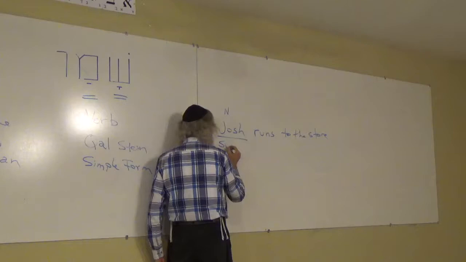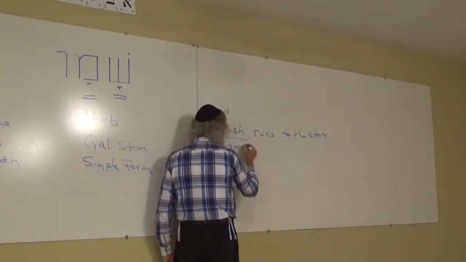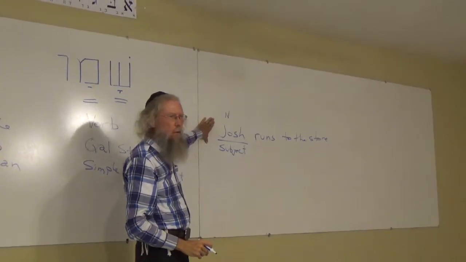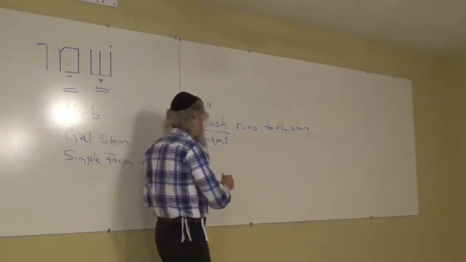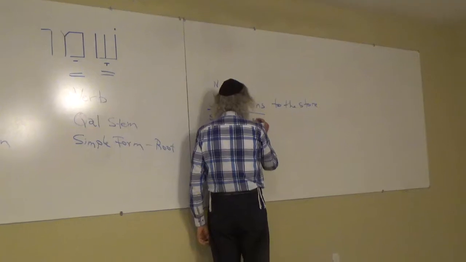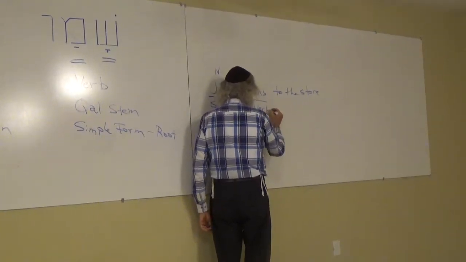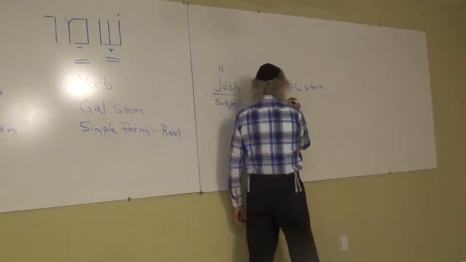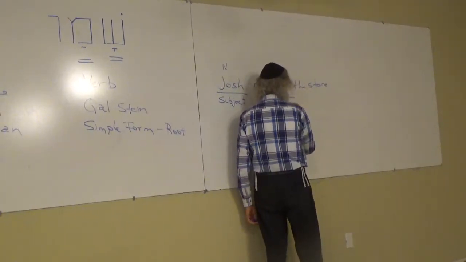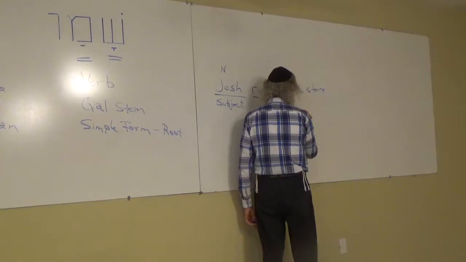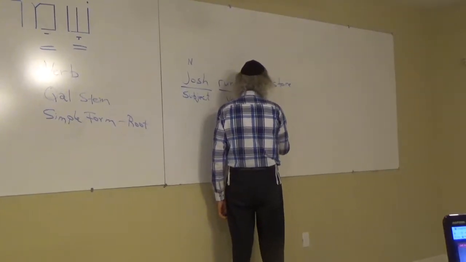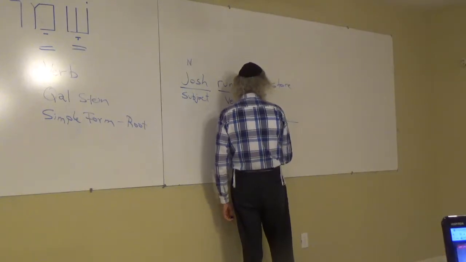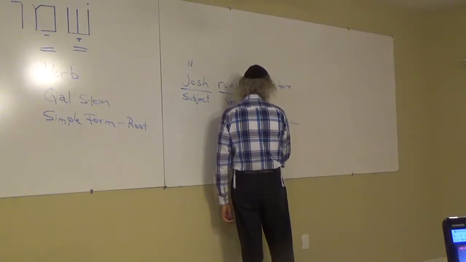It's a noun, and this is the subject. That is, the emphasis of the sentence is on this one. Runs is the verb. To is a preposition. And to the store is a prepositional phrase.